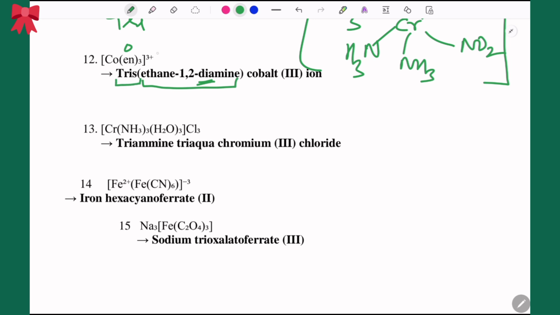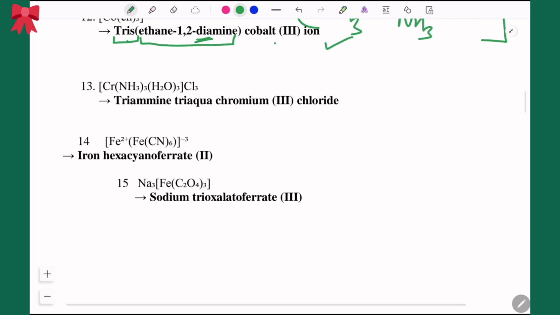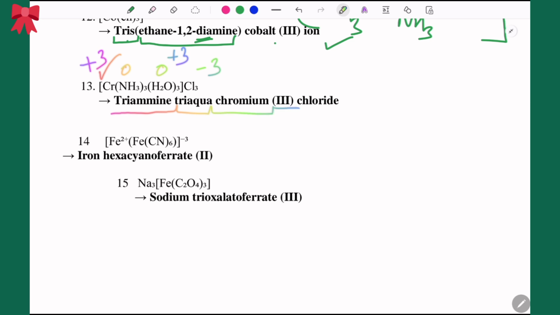So tris means 3 times, tris ethane 1,2-diamine, cobalt 3 ion. Next we have again here chromium central metal atom, ammonia 0, this is 0, this is -3, this has to be +3, therefore chromium is also +3. So triamine, because 3 times ammonia, then triaqua, because water is 3 times, then chromium 3 chloride.